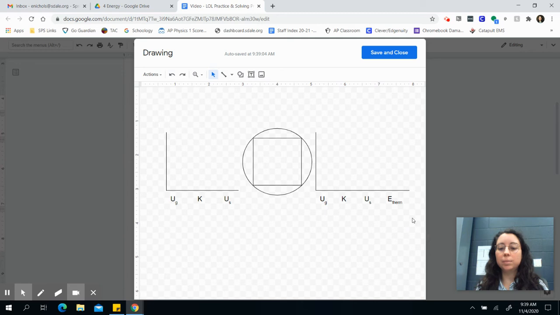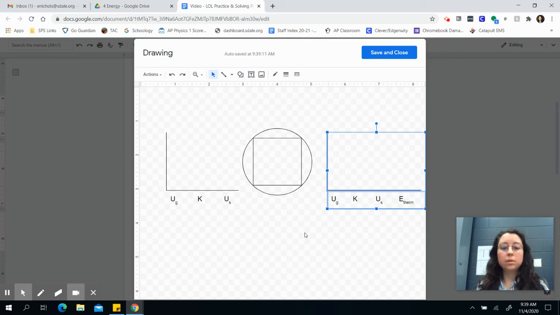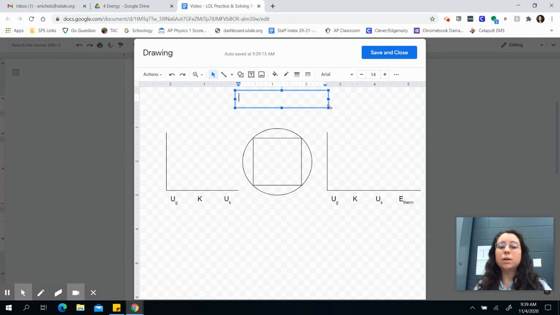Give myself a little bit more room here. Great. Because I want to be able to get up to 5. So I know that the bottom part of my graph is 0, so I just need to say 1, 2, 3, 4, 5, and this is going to be a measurement of energy in joules.